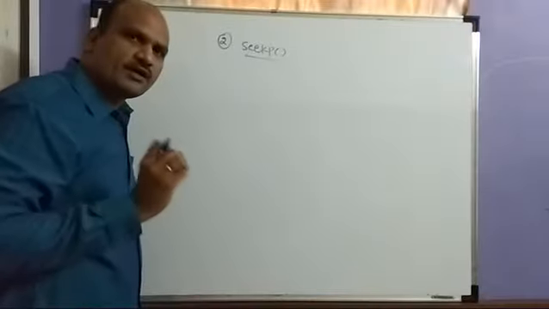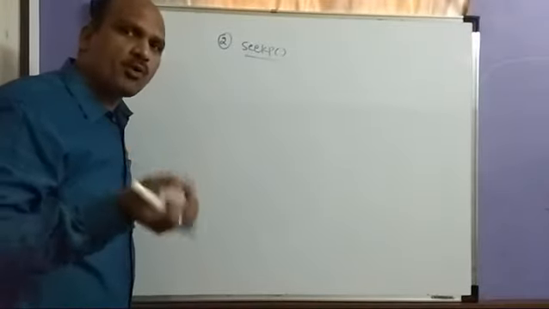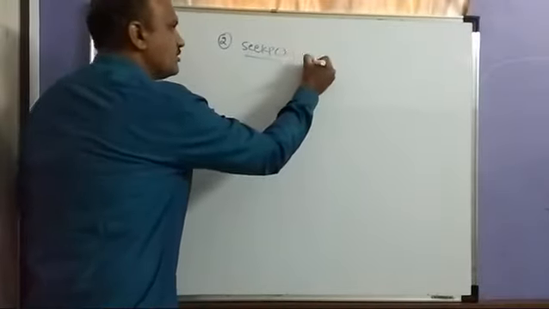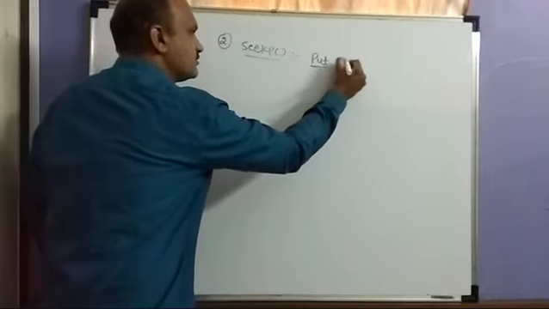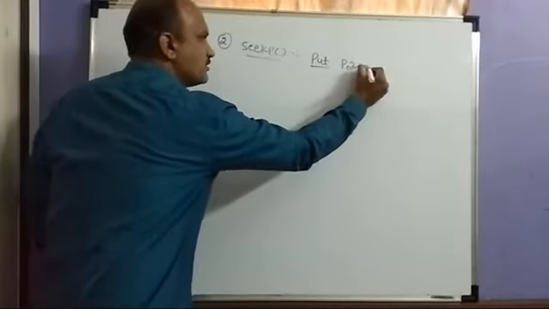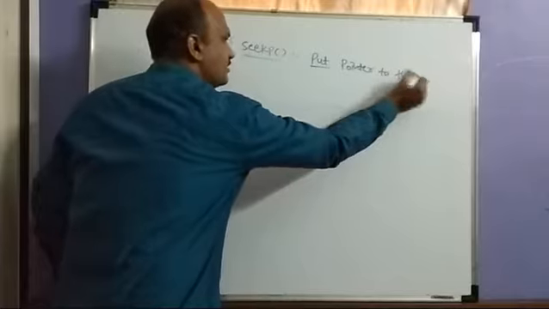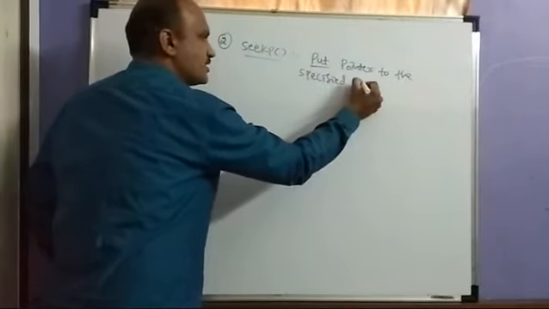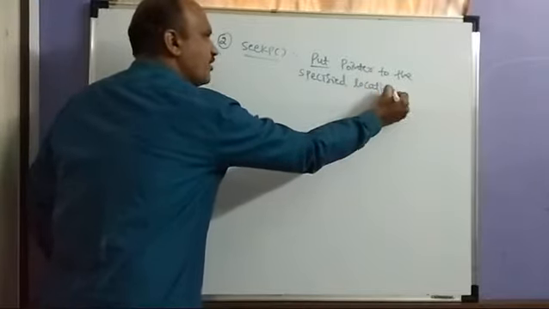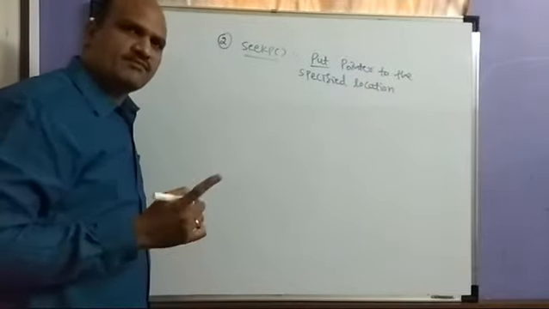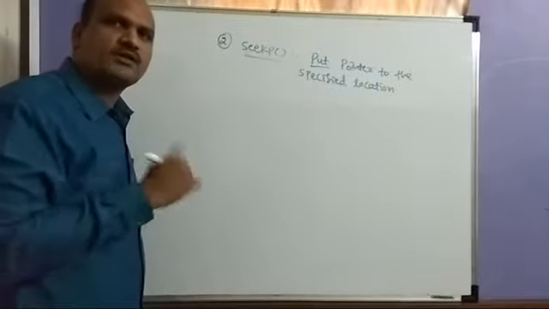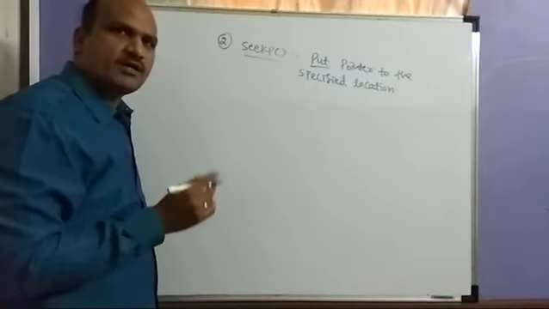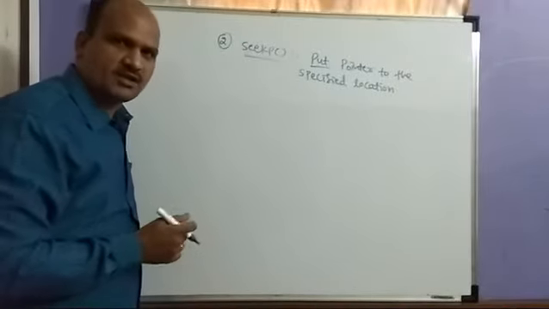Here it will move the put pointer to the specified location. So in the case of seekg we are using the get pointer, here we have to use the put pointer, and it is also from the beginning of the file.